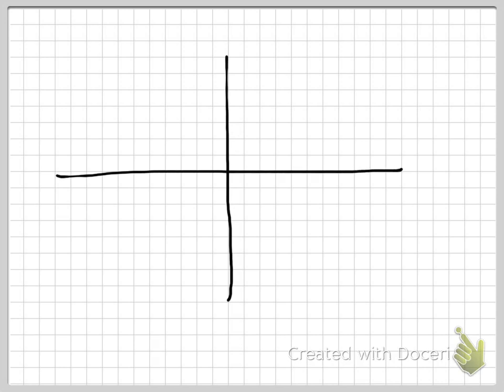So let's look at the very next graph. So again, we have our graph, we have our y-axis, we have our x-axis, okay, and we have a graph that looks like this. Now notice it doesn't look as if it's opening very much, but it really is.